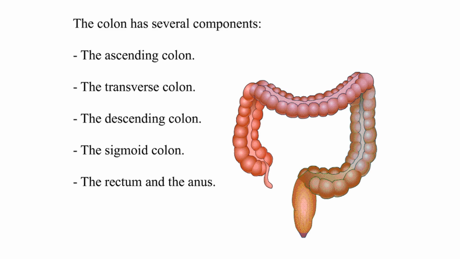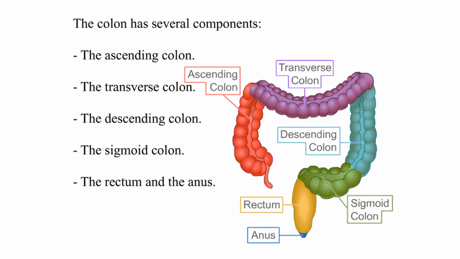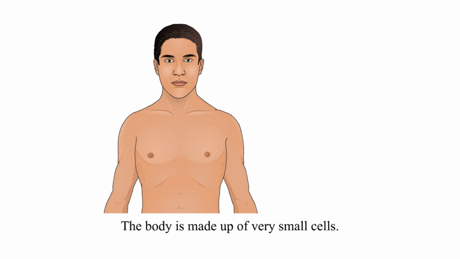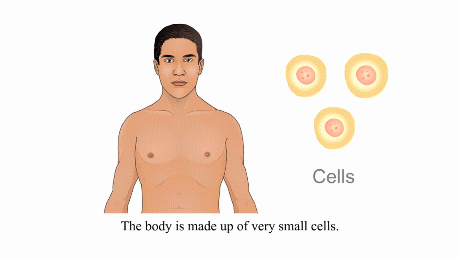The colon has several components: the ascending colon, the transverse colon, the descending colon, the sigmoid colon, the rectum, and the anus. Cancer and its causes. The body is made up of very small cells.